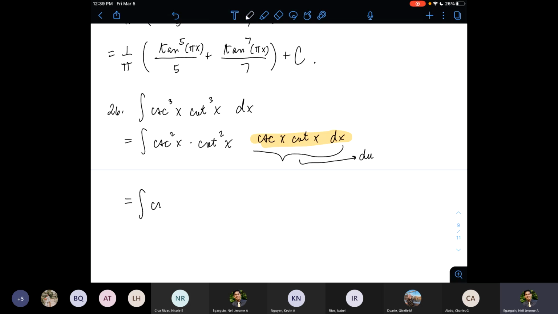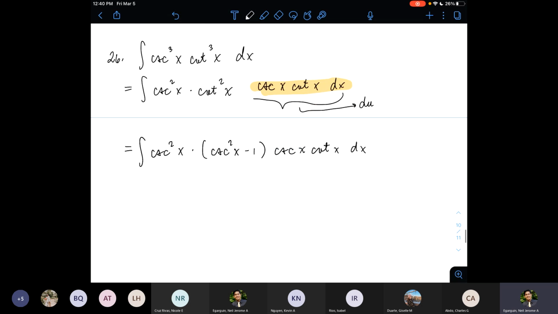So what I mean to say is that this would be cosecant squared x times cotangent squared x. This is cosecant squared x minus 1 times cosecant x cotangent x dx.